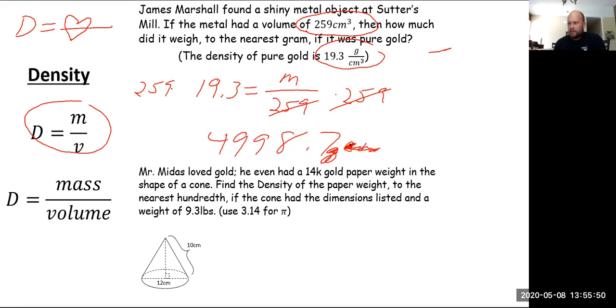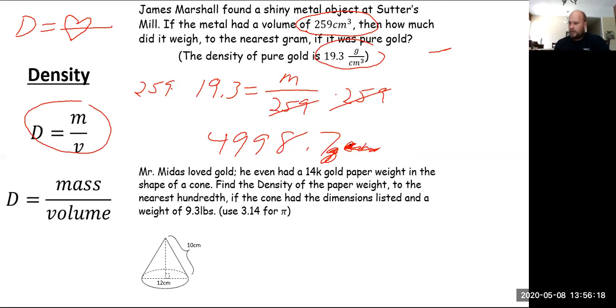On this one, we're talking about 14-karat gold. If you know anything about gold, there are lots of different ways to talk about it. I think pure gold is 24-karat, maybe. But for different types of gold, based on the carats, there would be different densities.